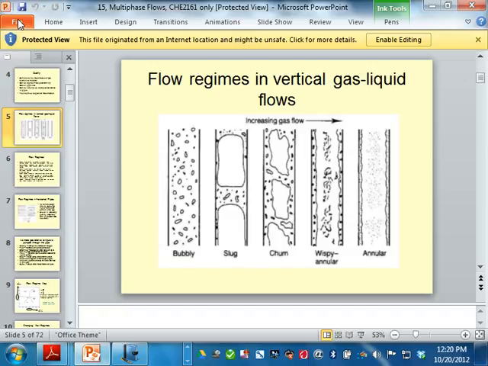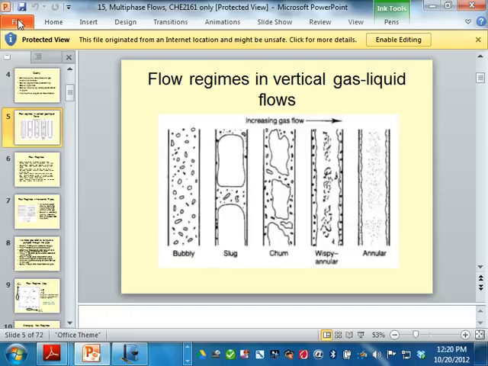And then with even more gas, the central core becomes more or less gas, with a bit of small droplets of liquid in the middle. And at very high gas flow rates, it's essentially gas with a bit of liquid on the side.